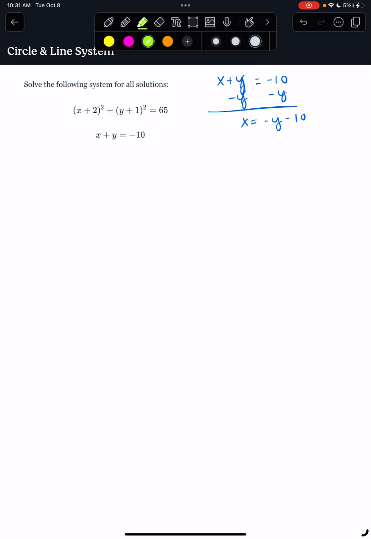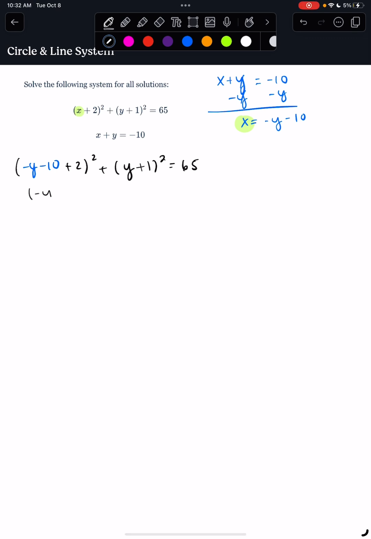And you'll see here that we have an x value and an x value, so we can just substitute that into the equation. So we could think about it like negative y minus 10 plus 2 squared plus y plus 1 squared is equal to 65. And we could think about this negative y minus 10 plus 2 as negative y minus 8 squared plus y plus 1 squared is equal to 65.